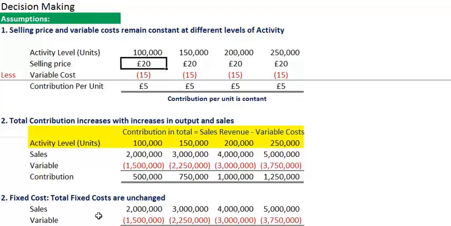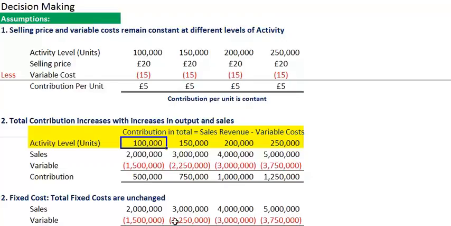Now our next level of activity is 150,000 units. Difference between 150,000 units and 100,000 units is 50,000 units. We know contribution per unit is 5 pounds per unit. When you multiply 5 pounds per unit by 50,000 units, our additional contribution is 250,000.